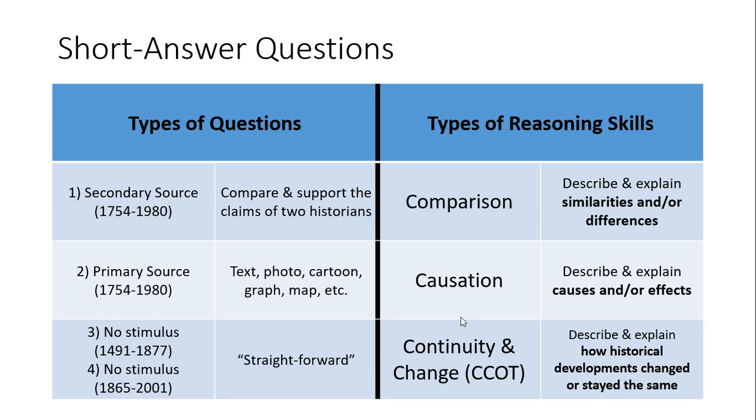So let me give you a generic example here. Let's say you're reading two historians who have different interpretations of what really caused the Civil War. One of them is maybe making the claim that it was all about slavery. That's what it was about, and I would probably tend to agree with that claim. But maybe another historian is saying, it's more complex than that.